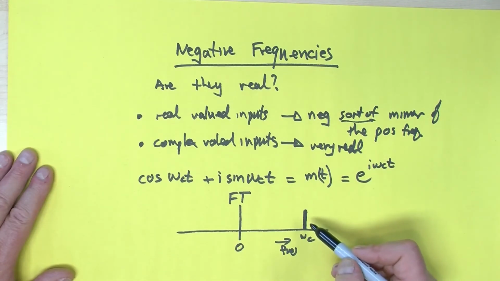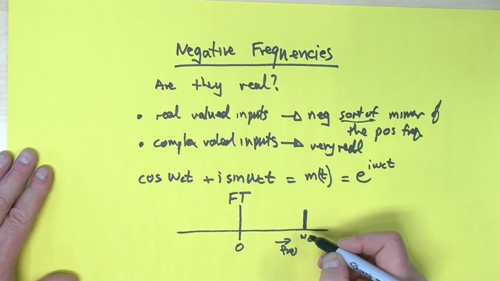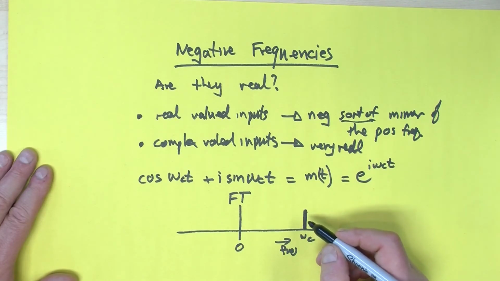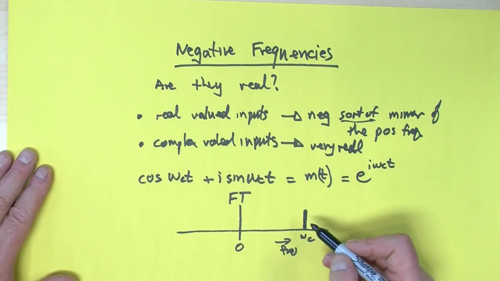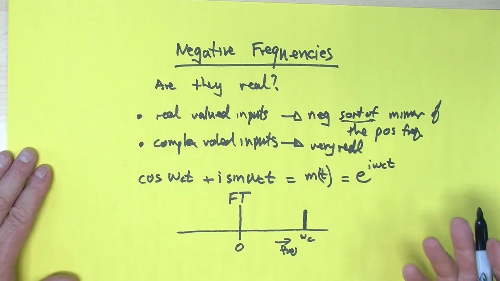The only thing is that when you translate things to actual real-world signals or other things, like in Schrodinger's equation, real-world probabilities, in the end, you always end up with real-valued results.